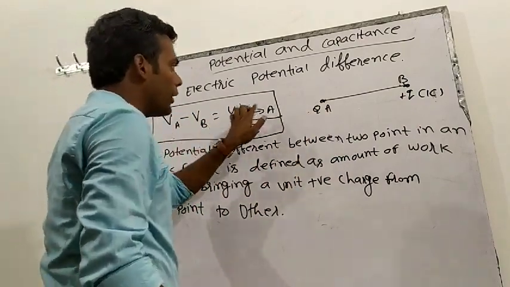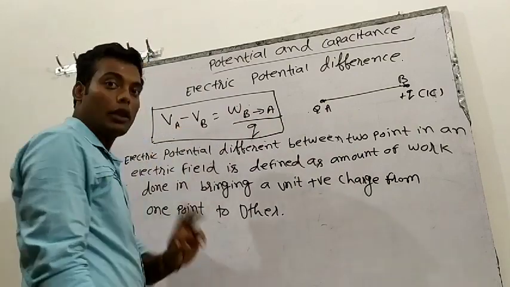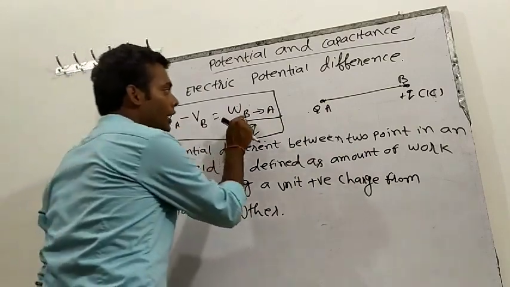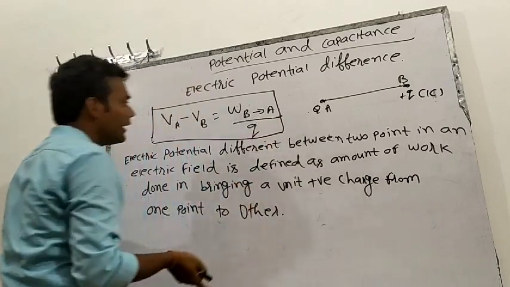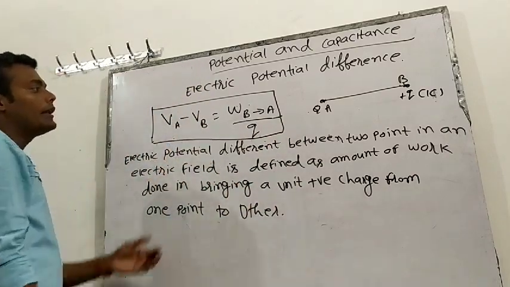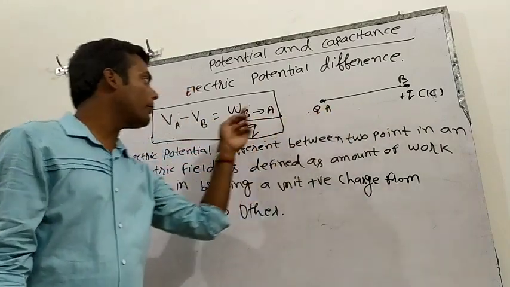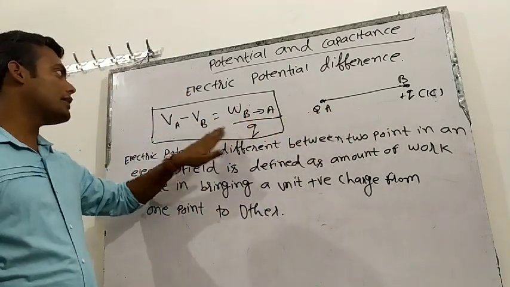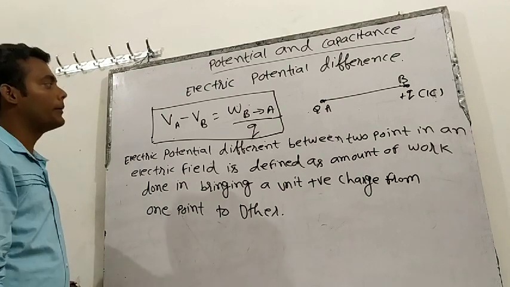Remember the formula like this: when you write work done B to A, then in the potential it will be A minus B. So the work done per unit charge in bringing a unit coulomb charge from B to A is the potential VA minus VB. Clear?